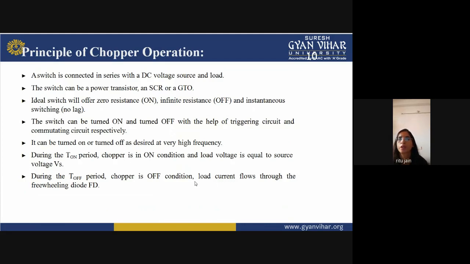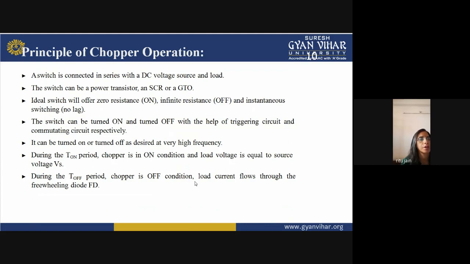So I think it is clear to you what the different methods are for controlling the output voltage of a chopper. Now let's come to the next point. What is the principle of operation of your chopper? In this case, a switch is connected in series with the DC voltage source and load. The switch can be a power transistor, an SCR, or a GTO, gate turn off thyristor. An ideal switch will offer zero resistance, infinite resistance and instantaneous switching.